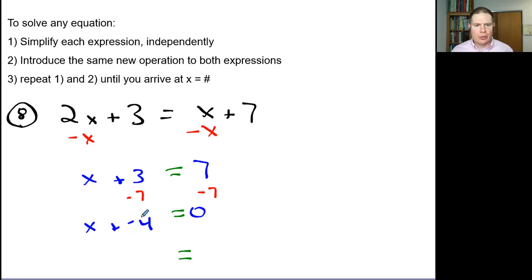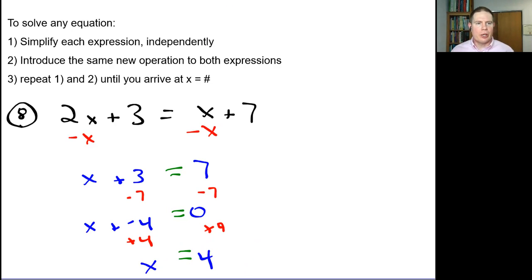That's giving me x plus another constant term equals the identity. Then I'm going to have to add 4 to both sides, right? Because adding 4 is the opposite of adding negative 4. X minus 4 plus 4 gets me back to x. 0 plus 4 is 4. That works. But what a pain in the butt, right?